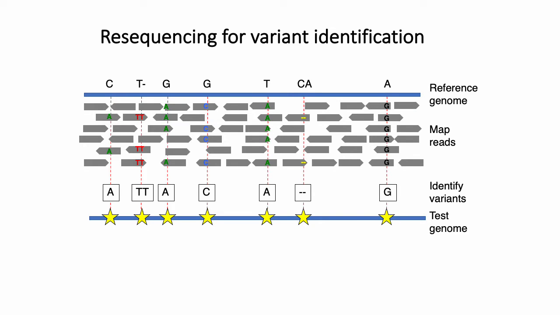In the variant identification process, for each position along the reference genome, you look across the reads you sequenced for discordance. Where there is a lot of support, meaning many reads from your individual suggest one base that's different from the reference genome, you can be pretty sure you've identified a variant specific to that individual.